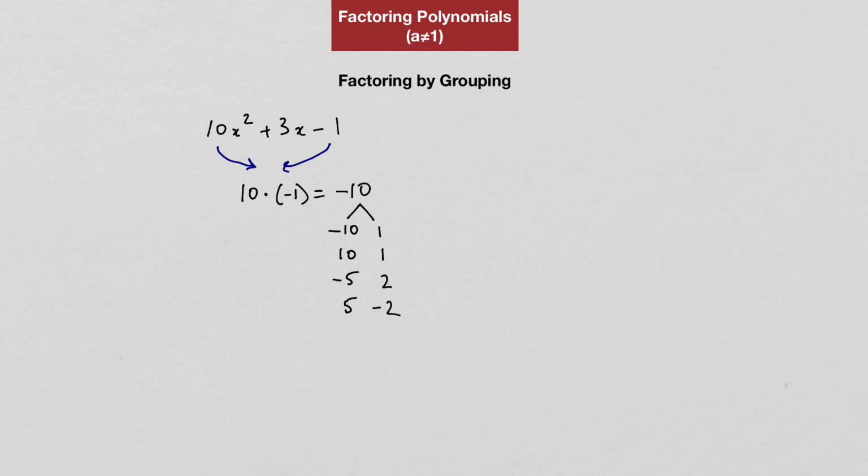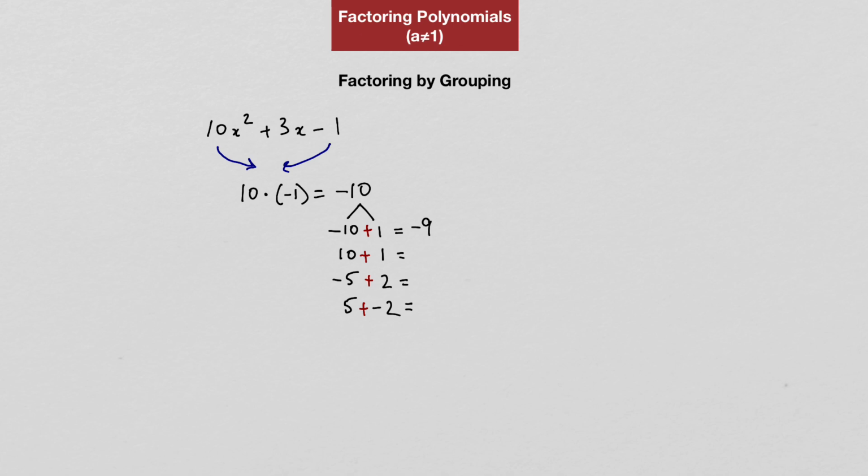Now what we're going to do is add them together and see which one gives us the positive 3 in this middle term that we're looking for. For the first one, we have negative 10 plus 1, that's negative 9. So that's not it.